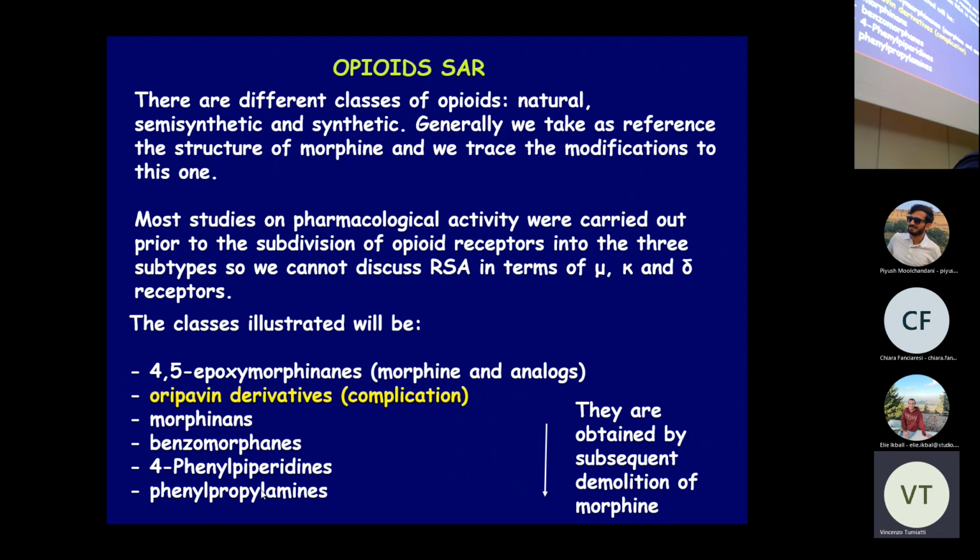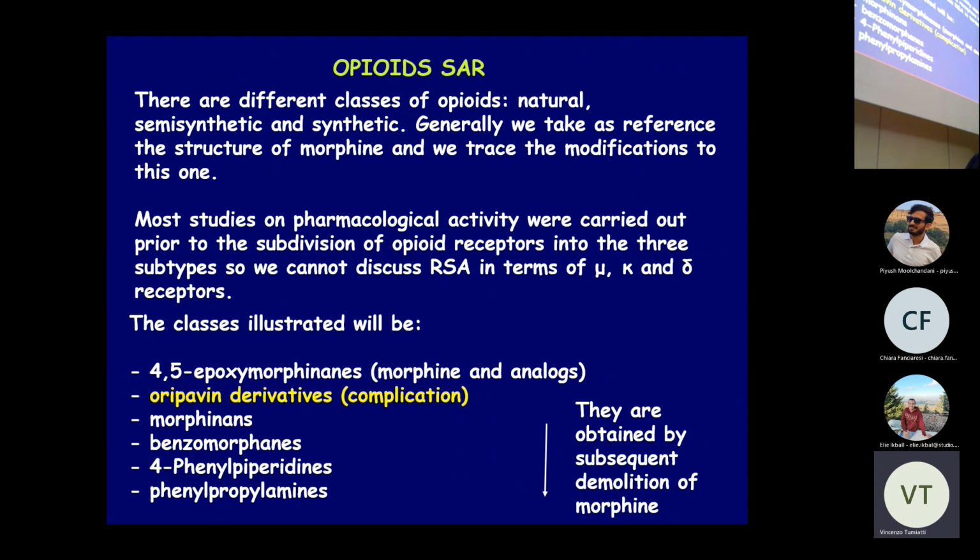The last class is the most simple class, characterized by analgesic activity. The starting point is morphine, called 4,5-epoxymorphinane, morphine analogs.